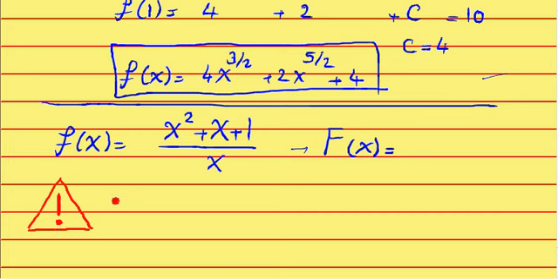Now, what is the dangerous thing? The dangerous thing is to think that you can take the numerator and anti-differentiate that. That is, write something like x cubed over 3, anti-differentiate x, that's x squared over 2, anti-differentiate 1, get an x. Perhaps add a constant, perhaps even forget that one.